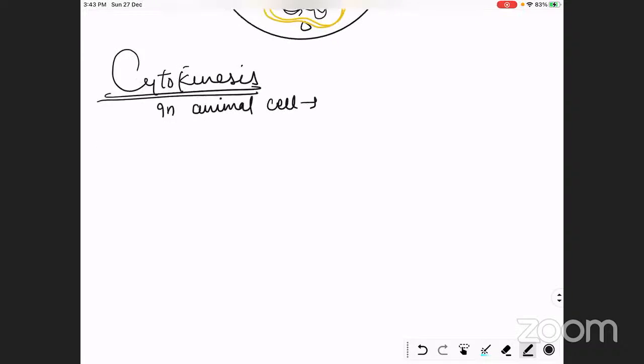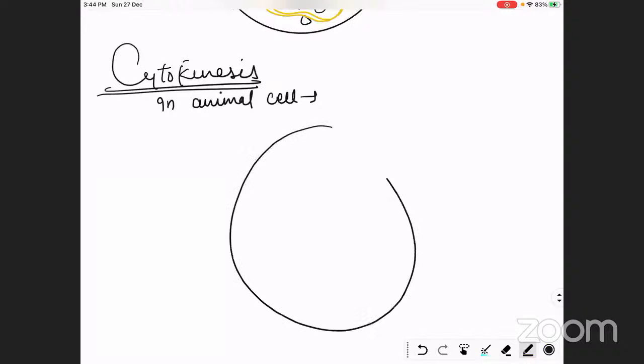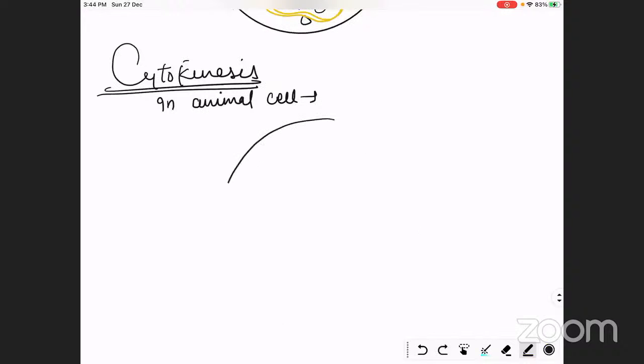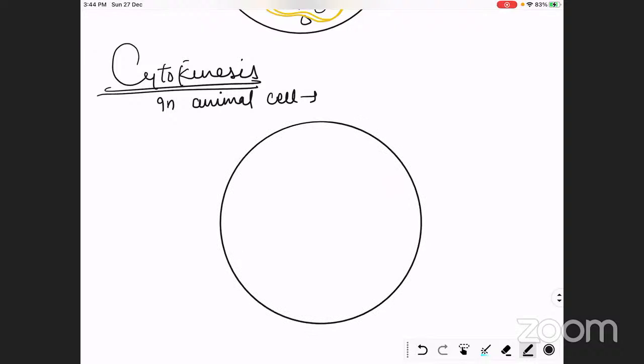Okay, so in the animal cell, we have again the nuclear centriole and the nuclear membrane, and here the chromatin material.